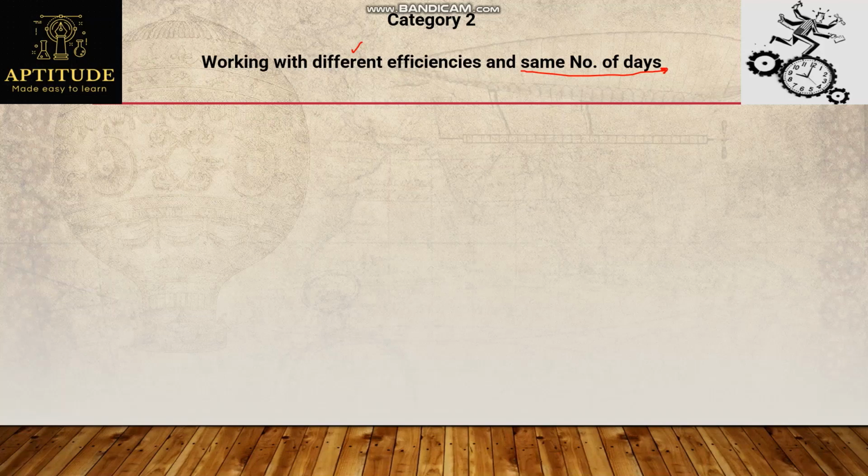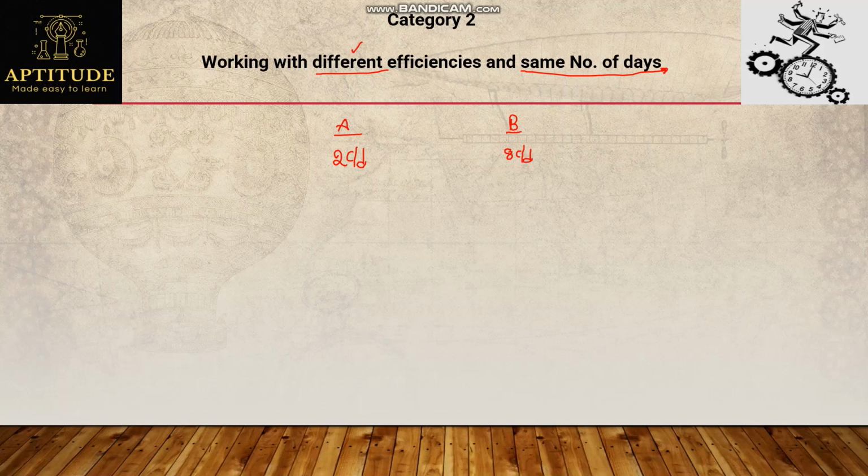Observe here, working with different efficiencies and the same number of days. Here also I'll make an example by considering the same persons A and B, and now their efficiencies are different. For example, A can eat 2 chocolates per day, and let me assume B can eat 8 chocolates per day.